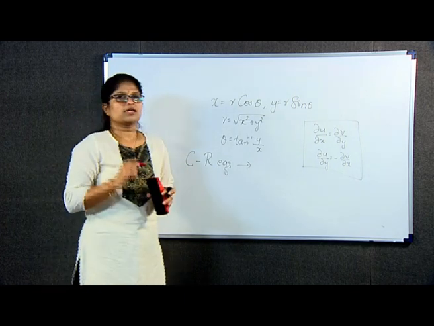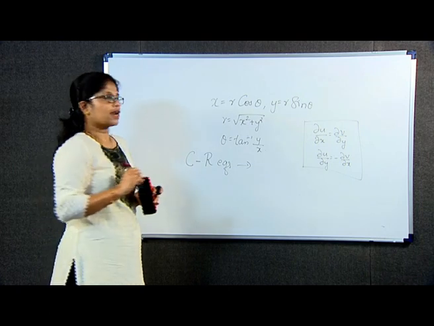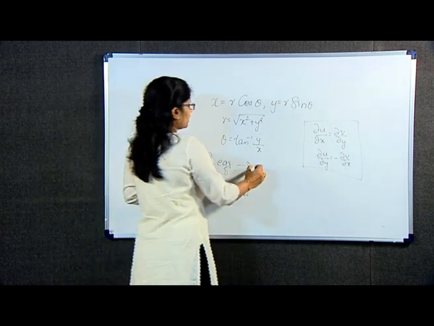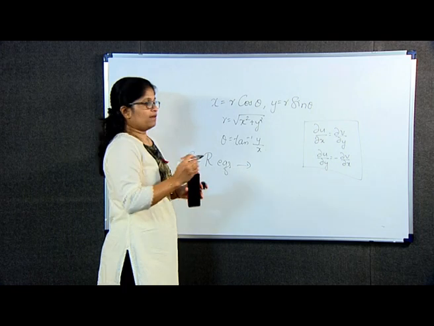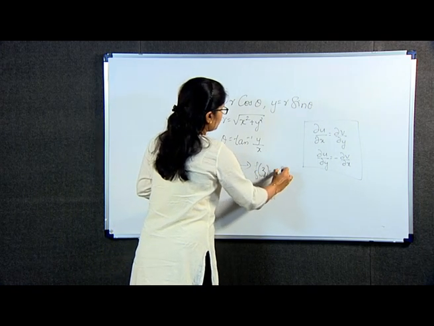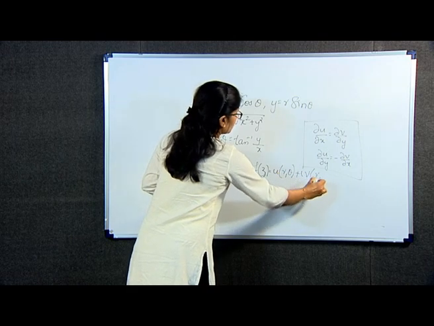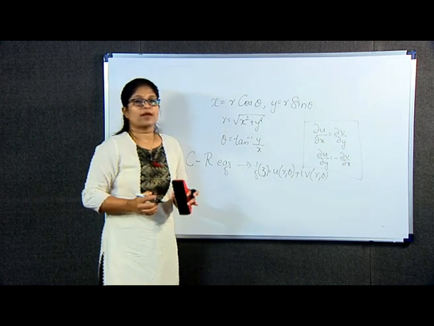So, let us see what the corresponding equations are that I will have to check when you are dealing with functions in r and theta. In that case your u and v, and your function f of z, will be functions of r and theta, so your partial derivatives will be with respect to r and theta.